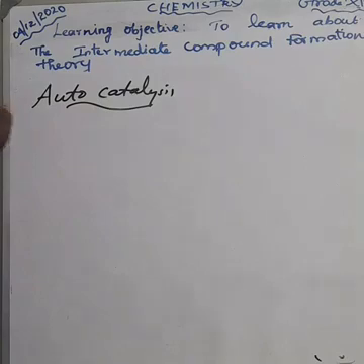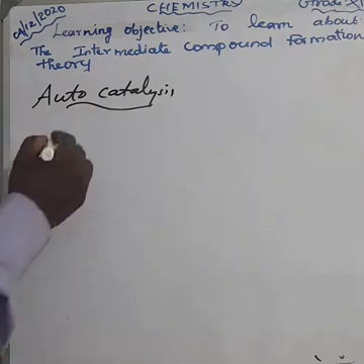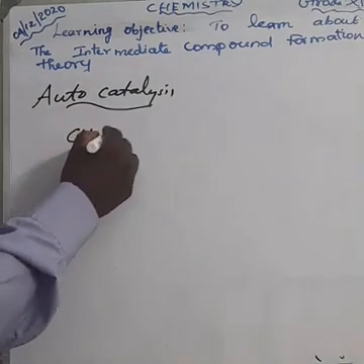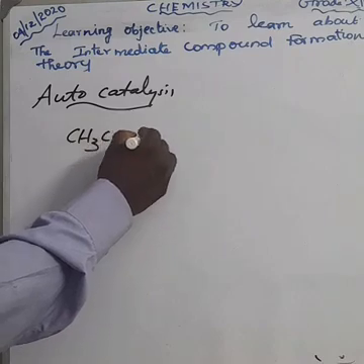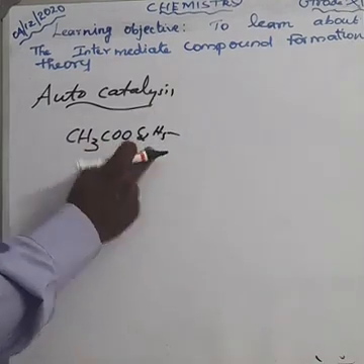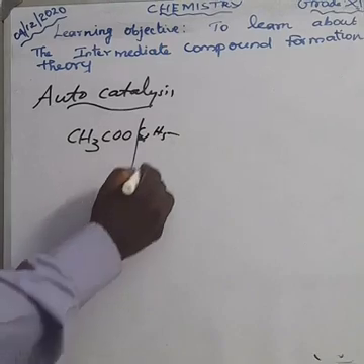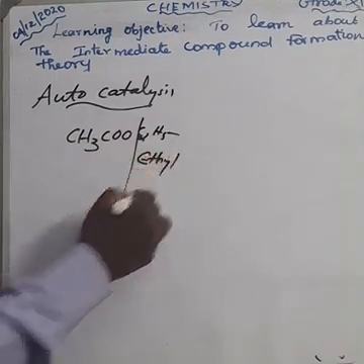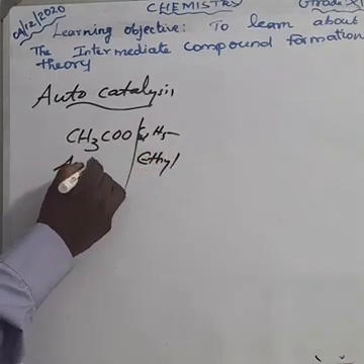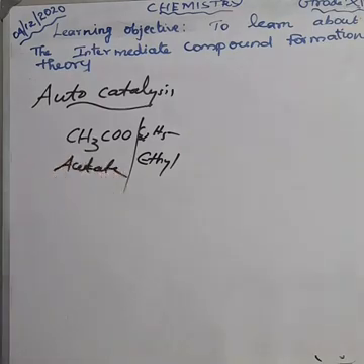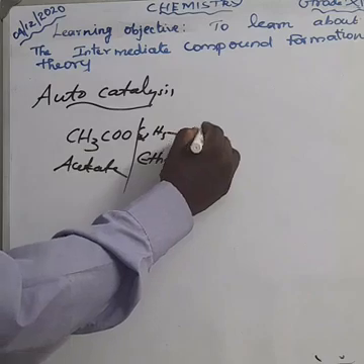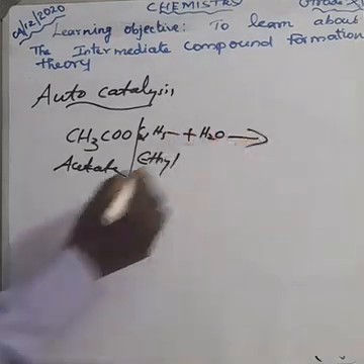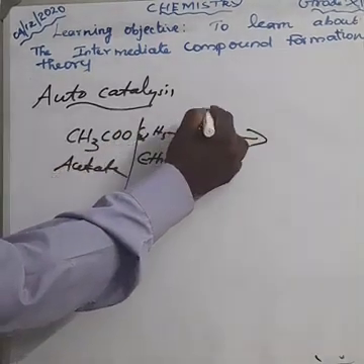What is the formula for ethyl acetate? CH3COOC2H5. Don't forget that. Here, what is the reaction? It reacts with water, which can be written as HOH.